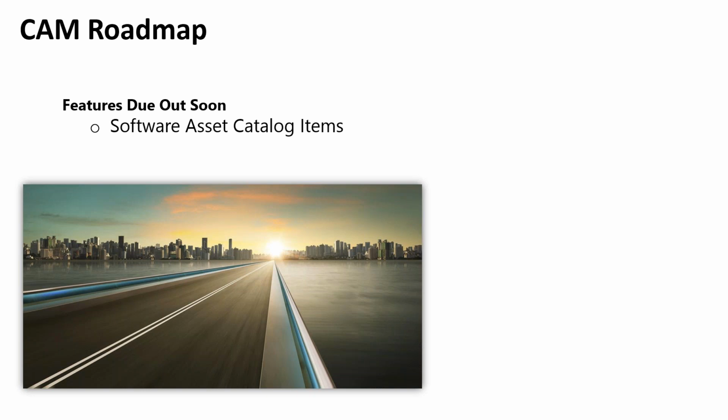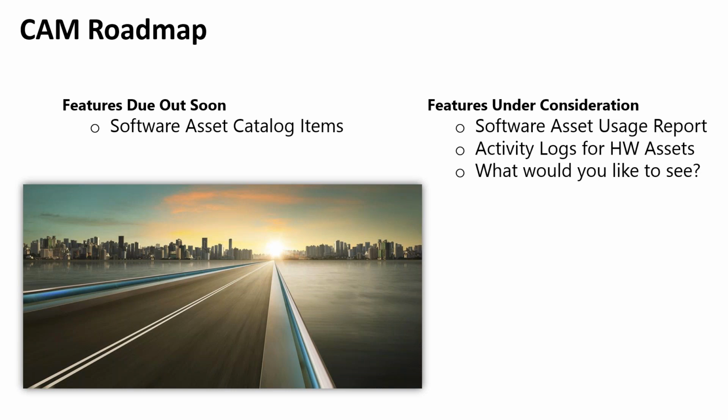So now we're establishing software catalog items, so that this way we're providing what software assets are provided in a much easier way to do it than using the software asset class. It's going to hold more information relevant to cost and things of that nature.